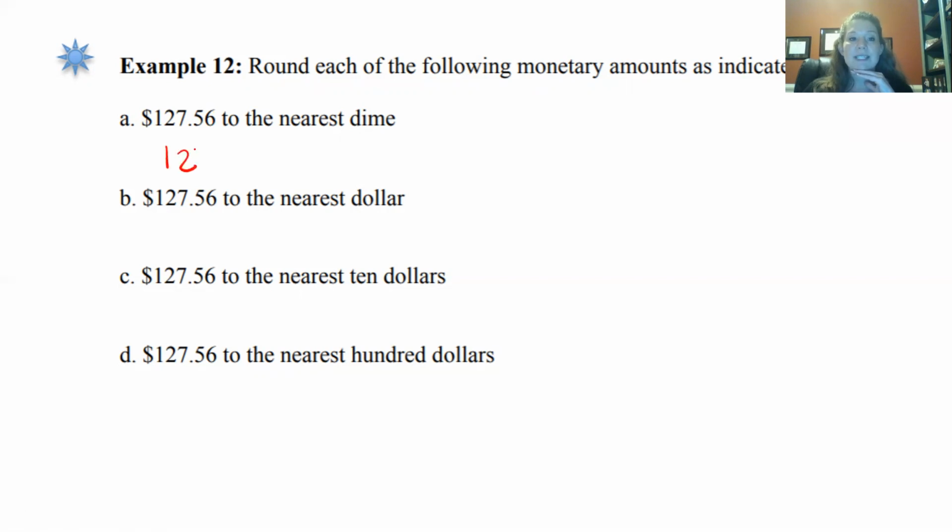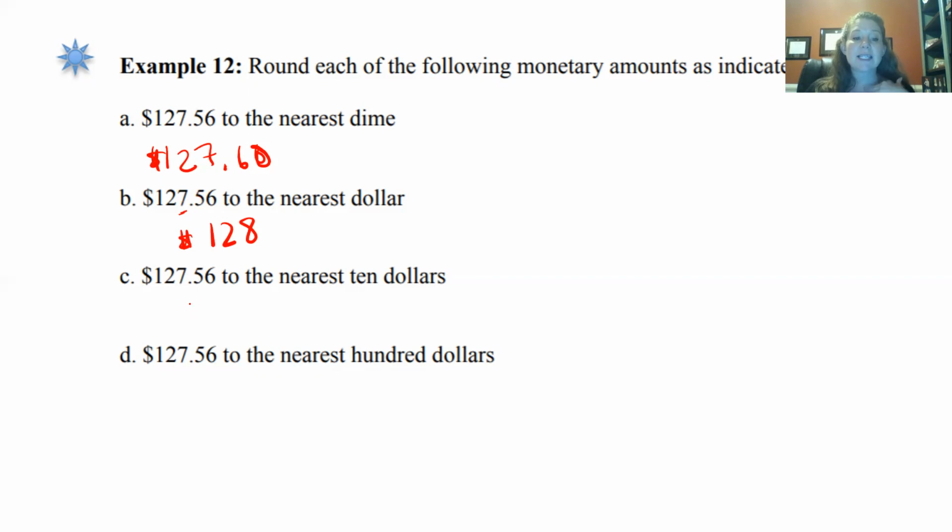So to the nearest dime would be 60 cents. To the nearest dollar, which number's in the dollar place? This. So that number makes me round up. So to the nearest dollar, this is about $128. That's a 5 through 9, you round up.